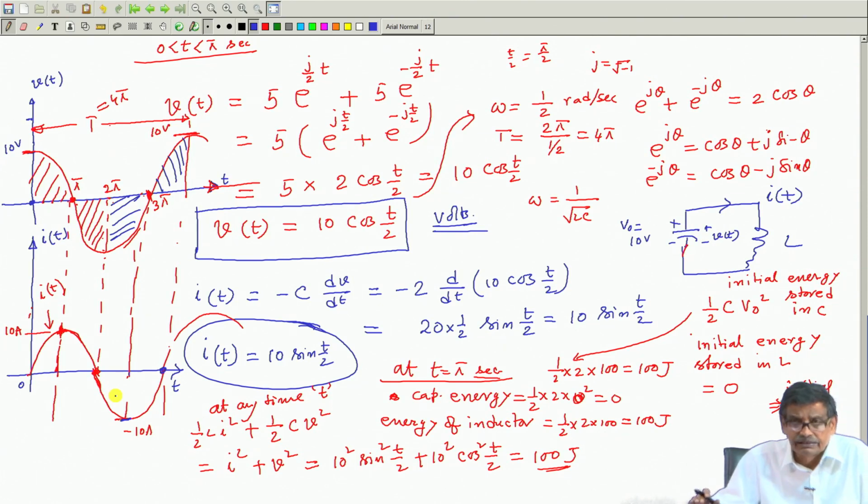So, this is a rather simple circuit, but nonetheless, behind all these mathematical steps that I have done, always try to physically understand what is happening. All the concepts of volt second. Similarly, you see the capacitor voltage, it is decreasing here.